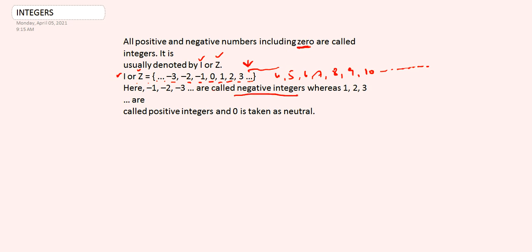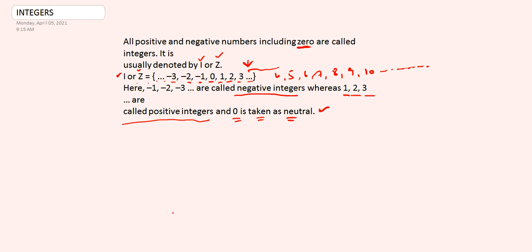Okay, so integers are usually denoted by capital I or Z, and minus 1 minus 2 minus 3 are called negative integers, while 1 2 3 are called positive integers, and 0 is taken as neutral. Some information is there, just like 0 is neither positive nor negative, so that's why it is written here 0 is taken as neutral.